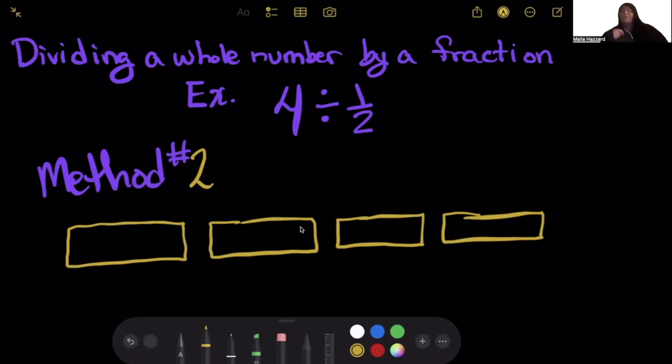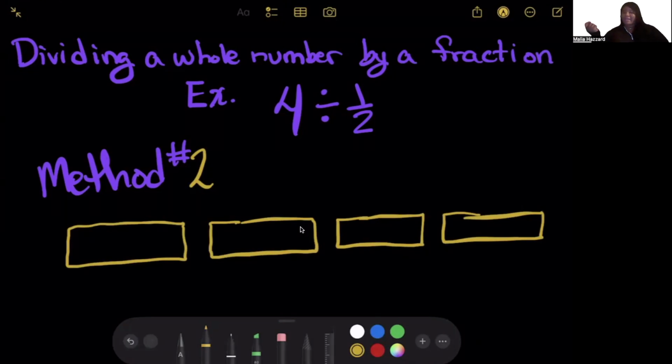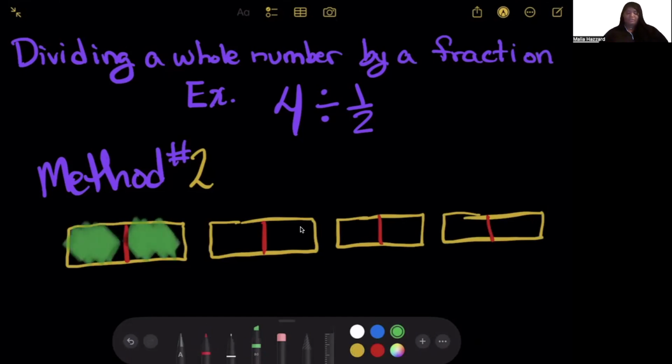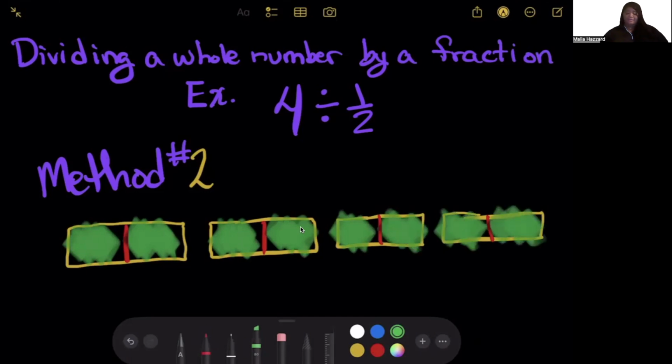Okay, I'm going to split each block into 2 pieces since my denominator of the fraction is 2. All right. Now, each piece is a whole. So how many new wholes do I have? 1, 2, 3, 4, 5, 6, 7, 8. So therefore, my answer is 8 new total pieces.